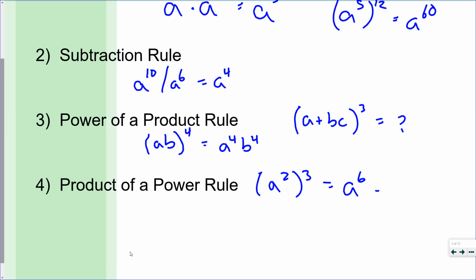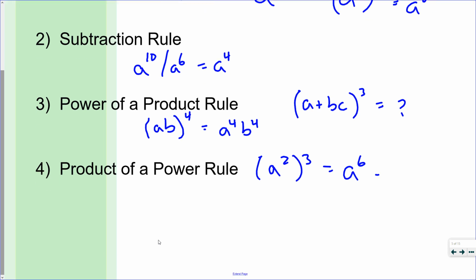Other things that I think are important to keep in mind as well, some extra things. Always good to remember that a to the first power is equal to a. For example, 1.03 to the first is going to equal 1.03.